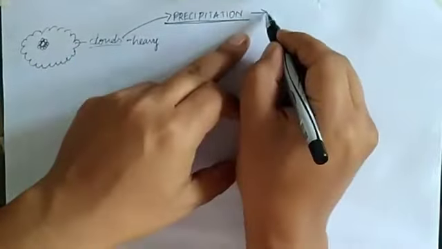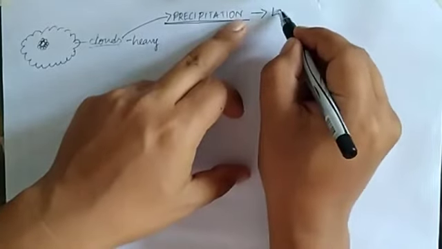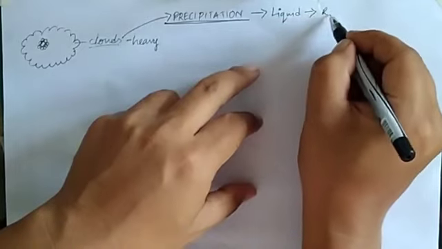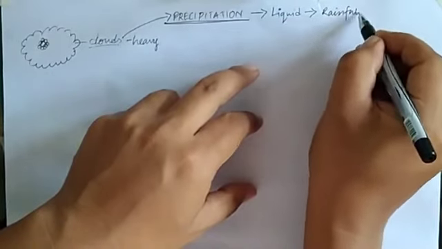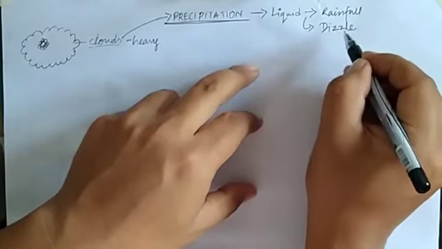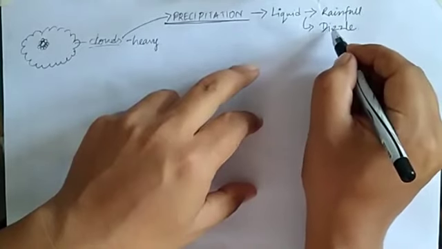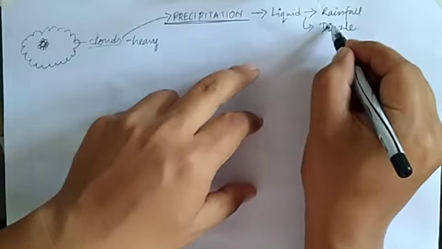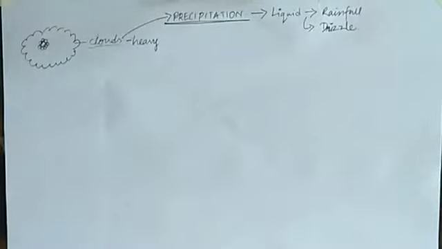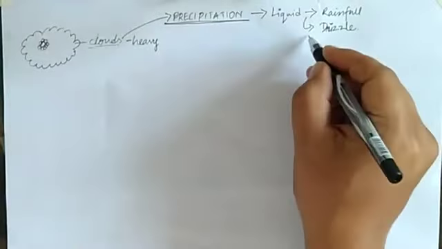Now the precipitation is of different forms. When the precipitation falls down in the form of liquid, it is termed as rainfall, or it is also termed as drizzle.